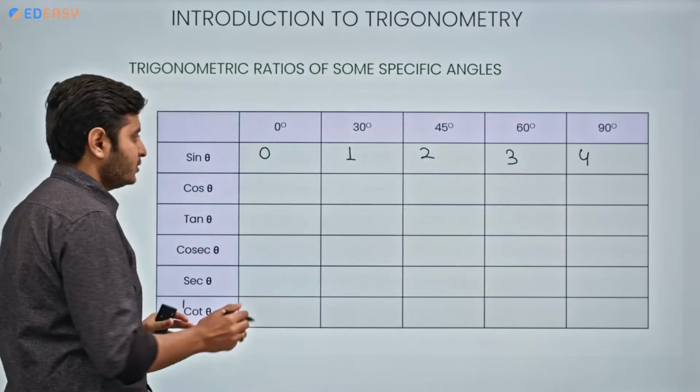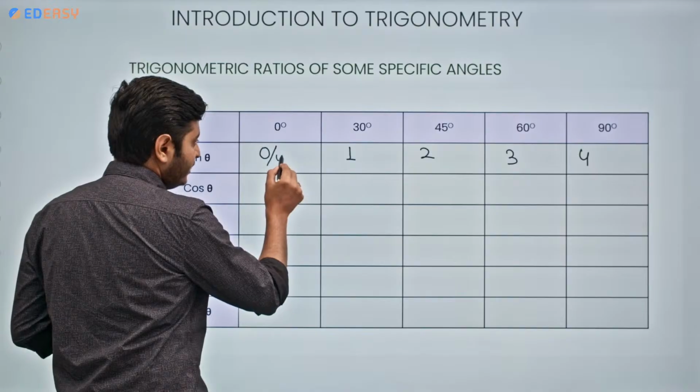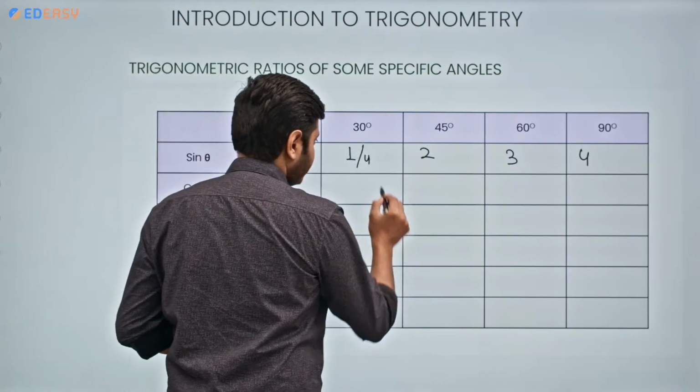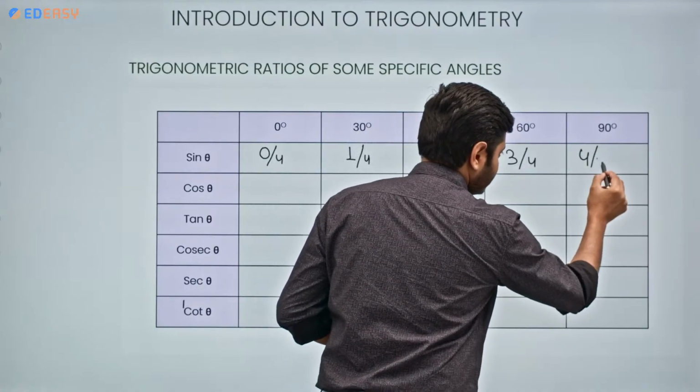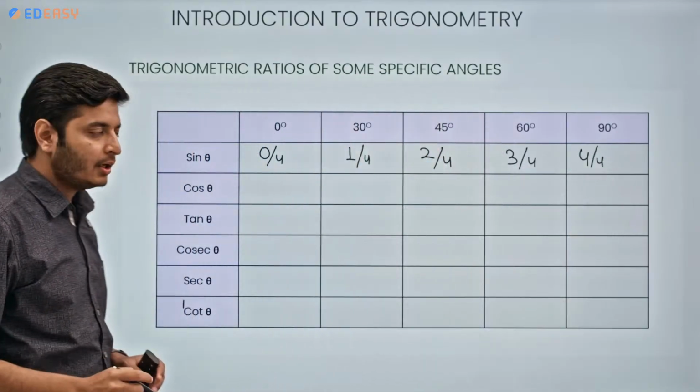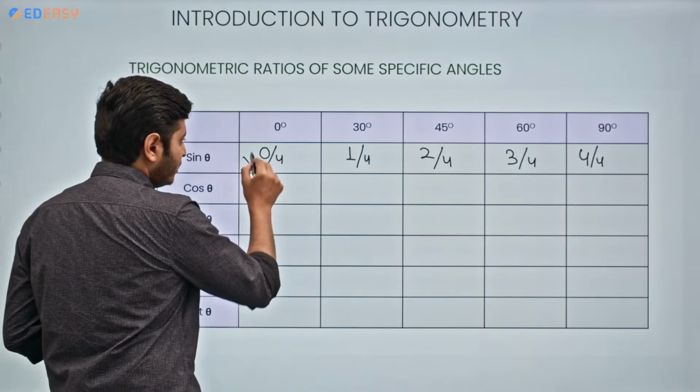You need to write this first. Then you will divide each value by 4. Each value by 4. Easy, correct? Now you are gonna put under root.